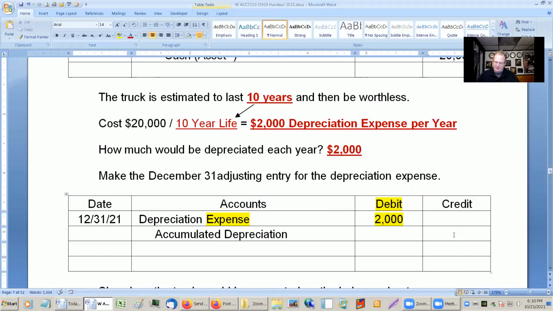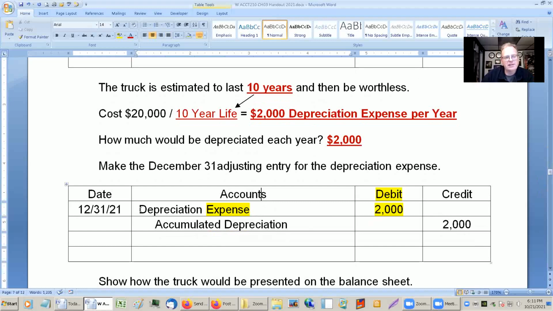And whatever the account is on the other side is going to be a credit. And they always have either one or the other. So the debit-credit part is actually a little easier than the regular entry.